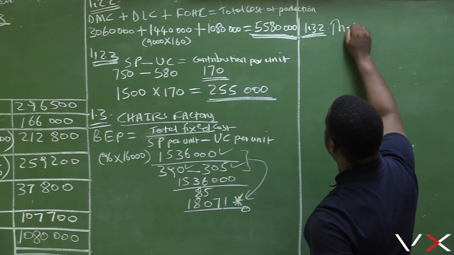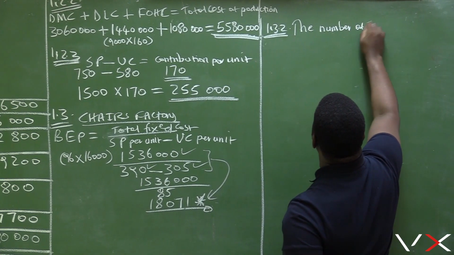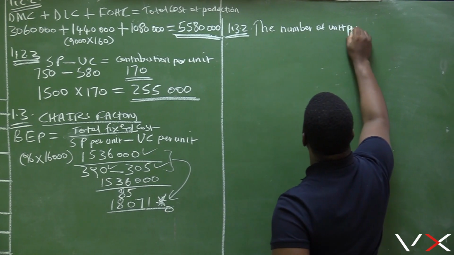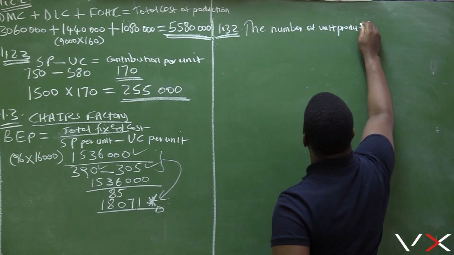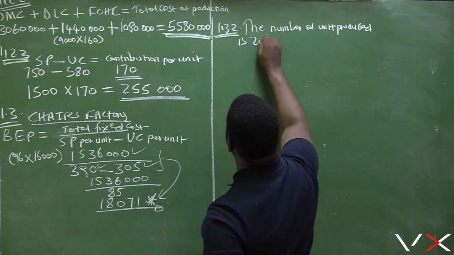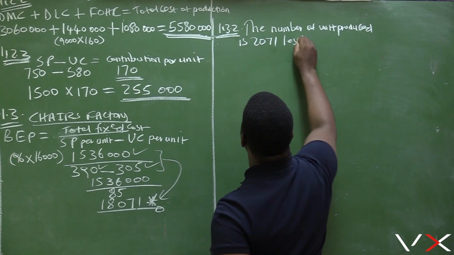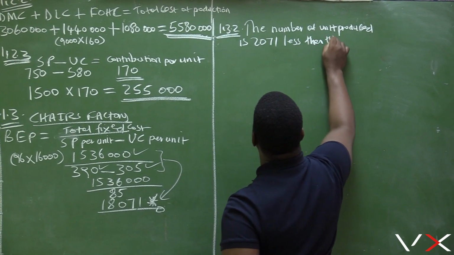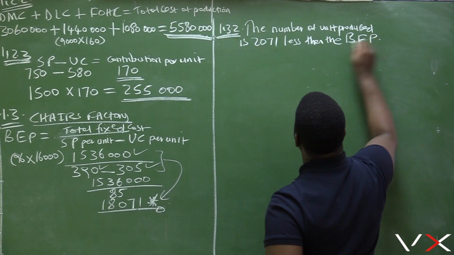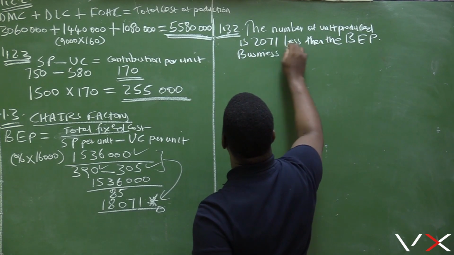The number of units produced is 2,071 less than the break-even point. Business is running at a loss.